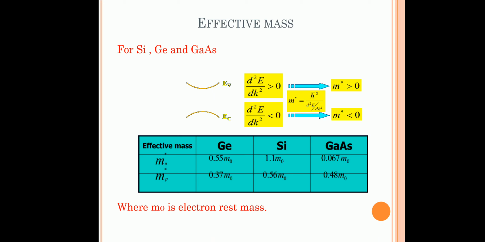So the effective mass, that is the mass of an electron in a crystal, depends upon the Ek relationship; it is inversely proportional to the second derivative of the Ek relationship. If the curvature of the Ek relationship is more, then the effective mass is less.